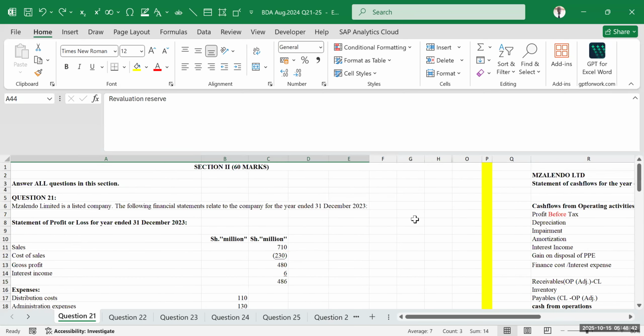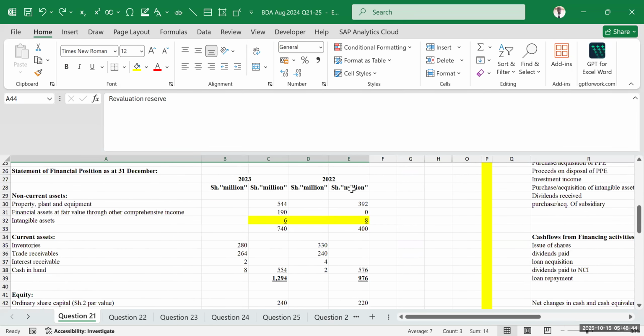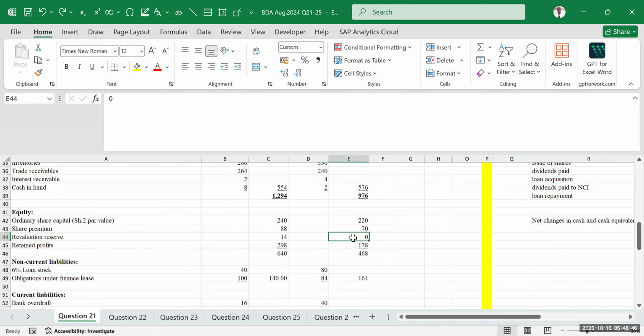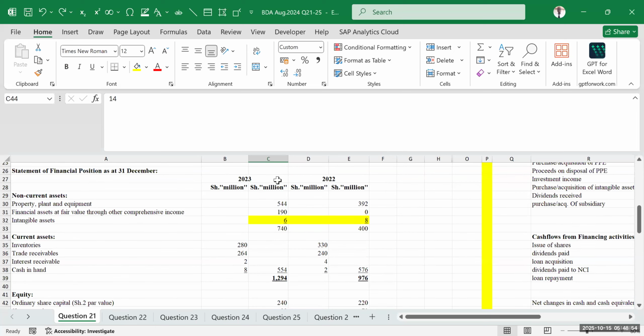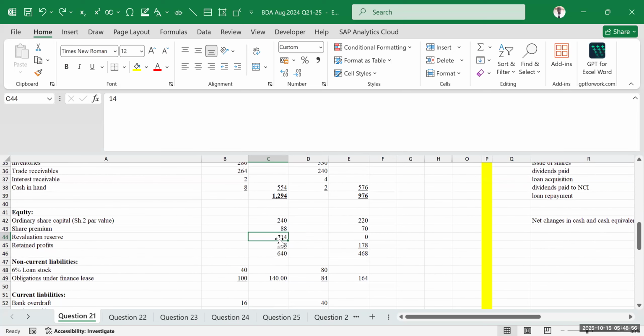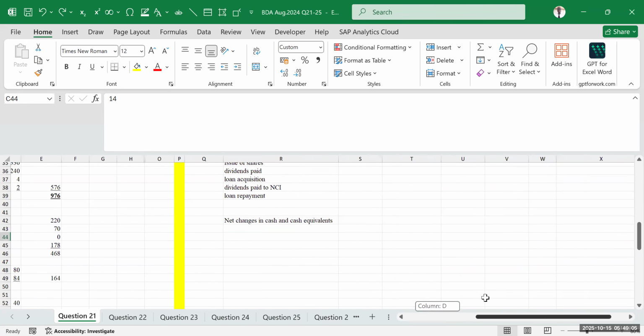And I hope, members, you can see in 2022, revaluation reserve was 0, meaning they did not open with any value. But at the end of the year, there was 14 million. You can see that, members. In 2023, there was 14 million. So that should tell us that there was some revaluation gain that was transferred to the revaluation reserve account.